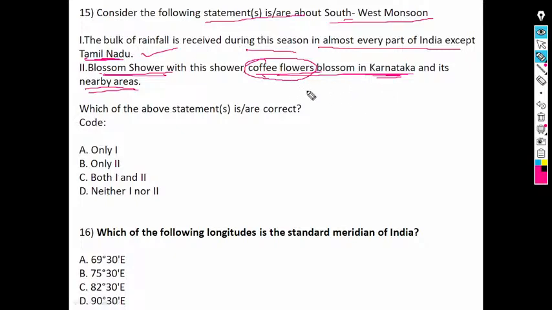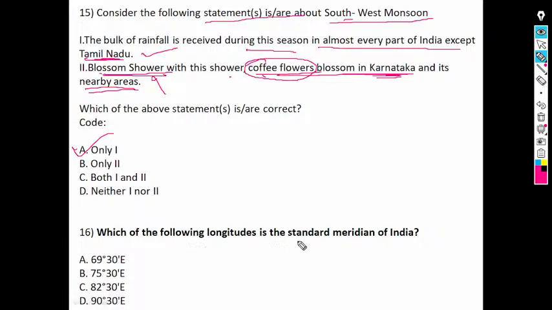So here only one statement is correct. The answer here is A.